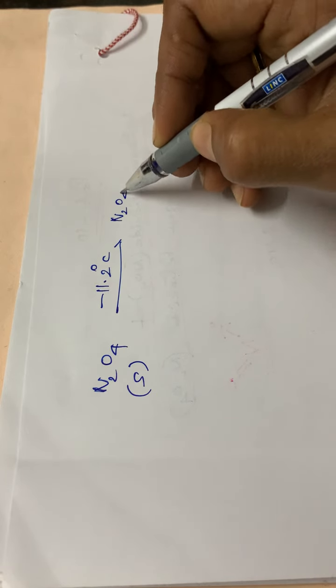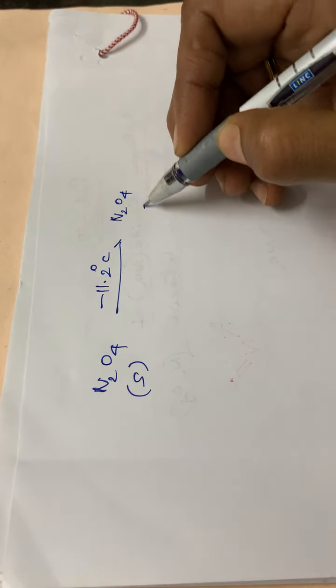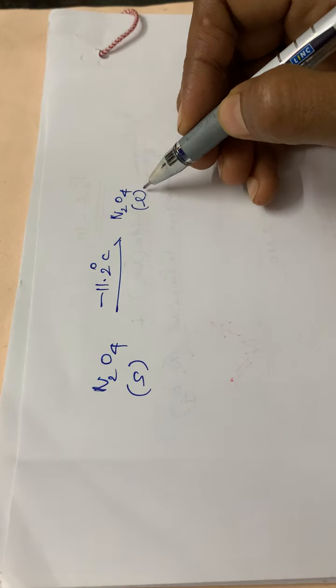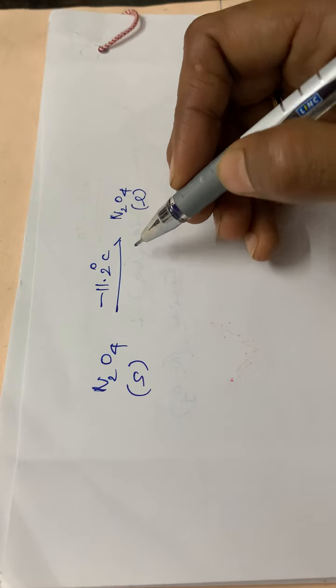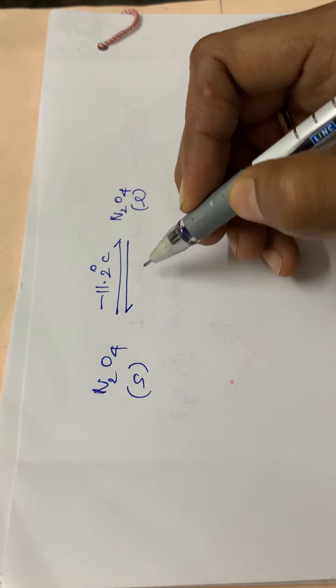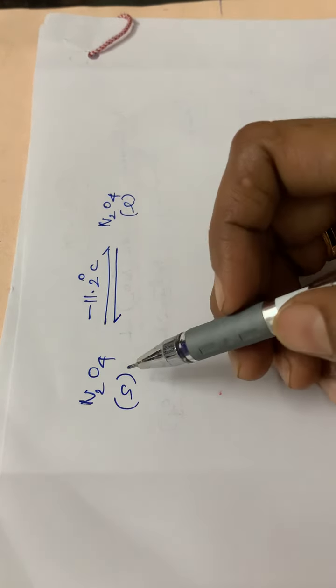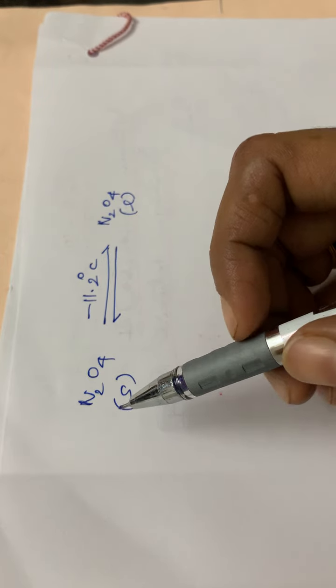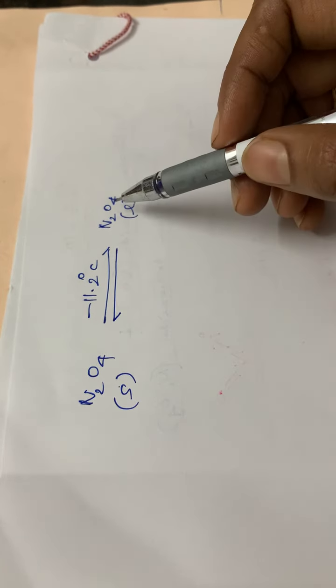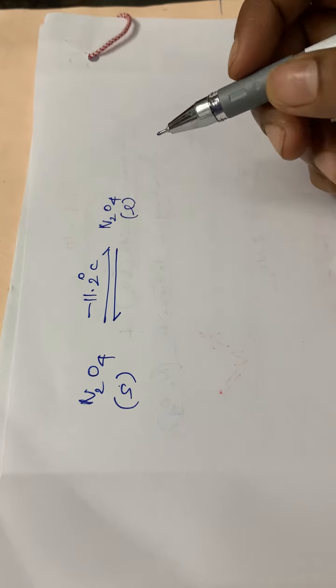Okay, then if it is cooled again, the reverse of this, it will be converting to a solid. So at minus 11.2, this solid is converted to liquid.